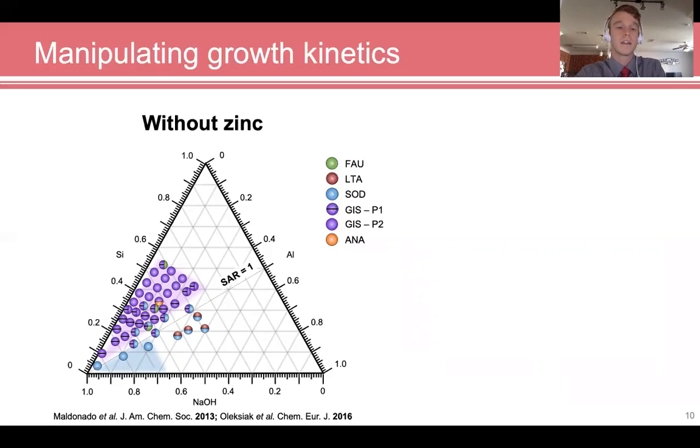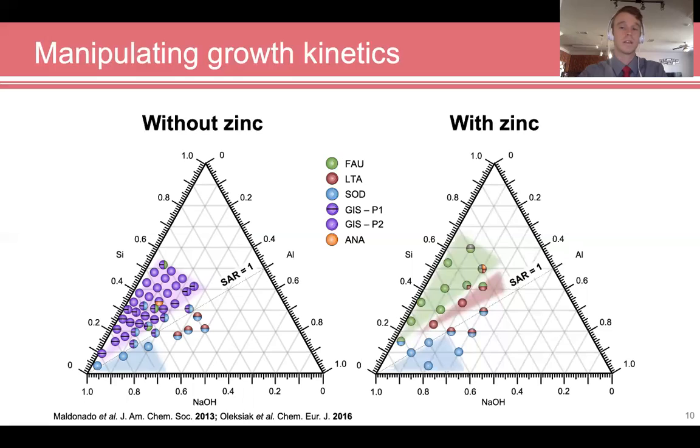And we can see that in sodium systems at 100 degrees Celsius, GIS will typically form in the silicon-rich region of the phase diagram. However, under the same conditions when we add zinc, you can see that GIS does not form at all, and instead we get one of two metastable states, phillipsite and LTA, which are both industrially significant zeolites. So why does this happen?